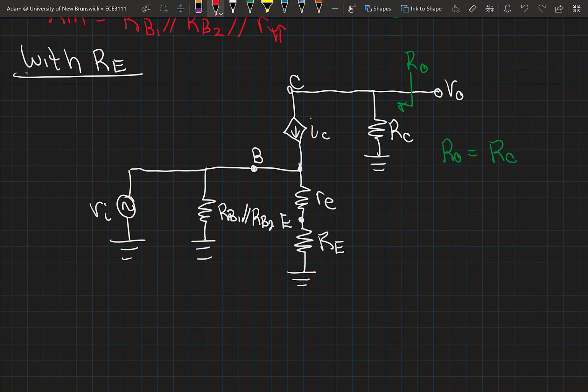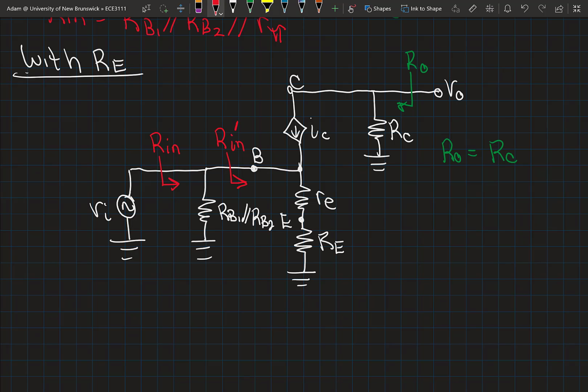But let's look at the input again. My input, let's call this Rin prime, looking in directly at the base, and my input from the perspective of my source is, let's call it Rin.